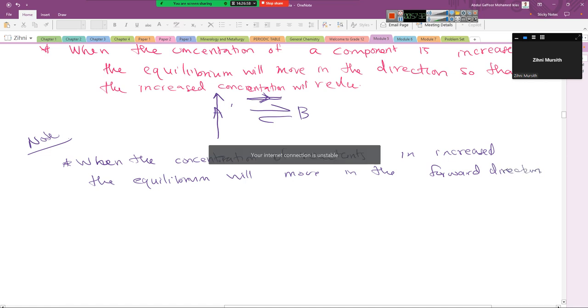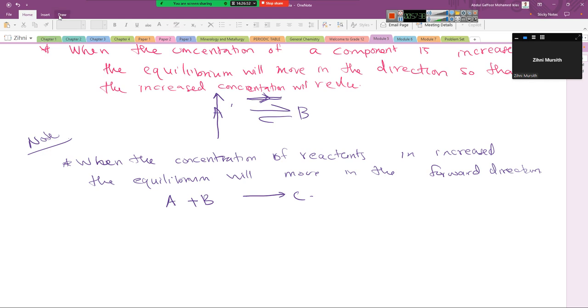For example, let's say we have A plus B gives you C. Now if I increase the concentration of B, how will the equilibrium move? It will shift to the right, in the forward direction of the reaction.